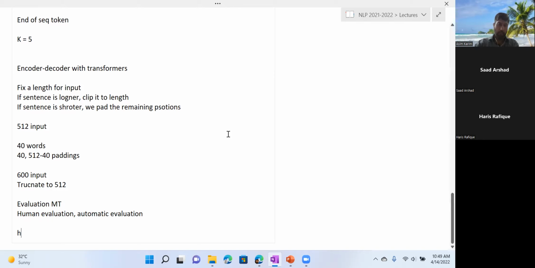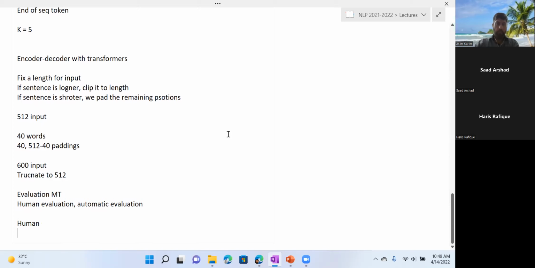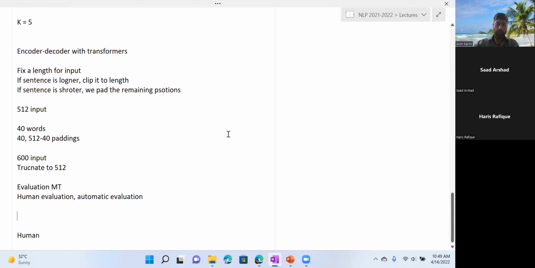So let's first talk about human evaluation. Generally in machine translation evaluation, when you're testing, you have a candidate, let's say C, that is generated by the system, by your model.